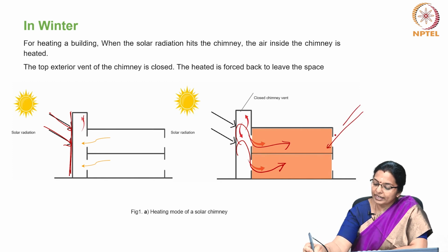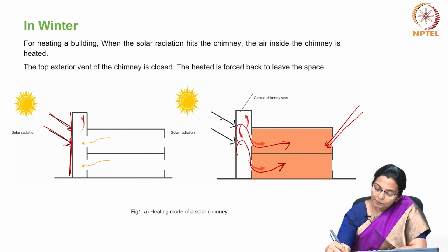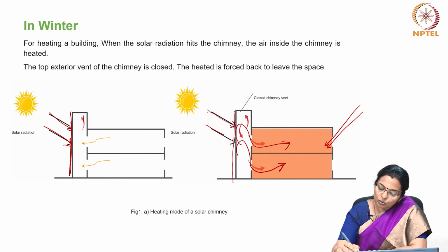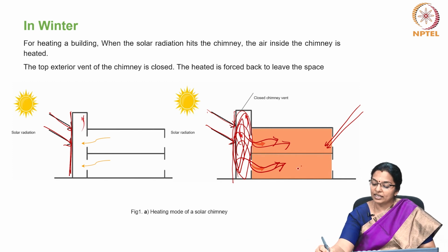Also, solar radiation can make the building warm. When this chimney is coated black and the solar radiation hits, this place gets warmer throughout the day. Even at night, it continues to give warm air inside the cold room.